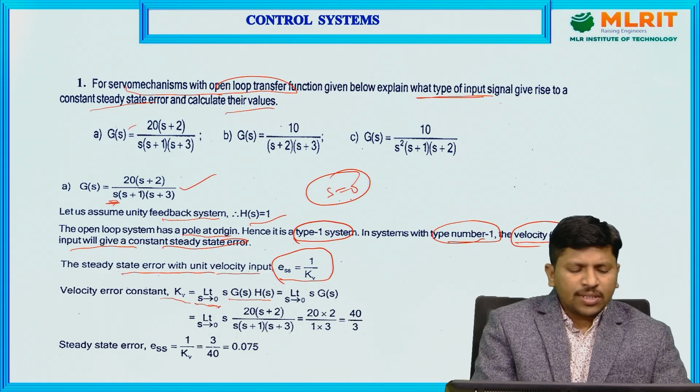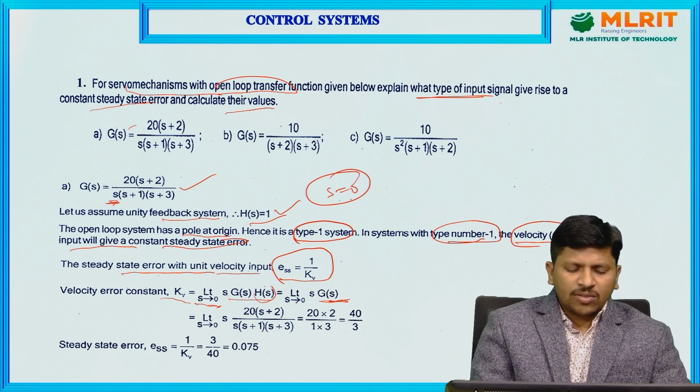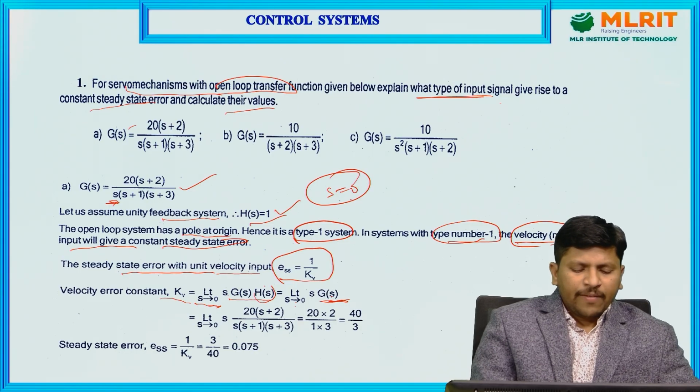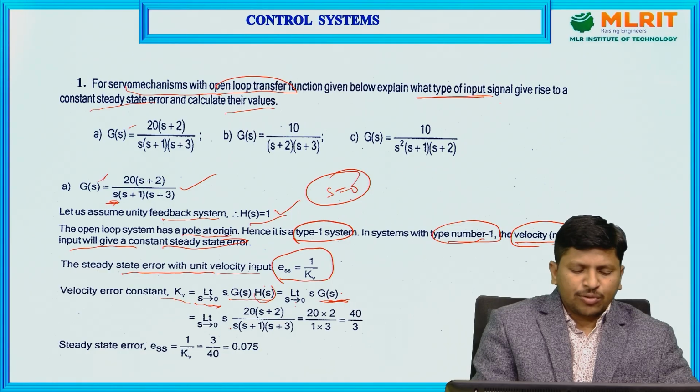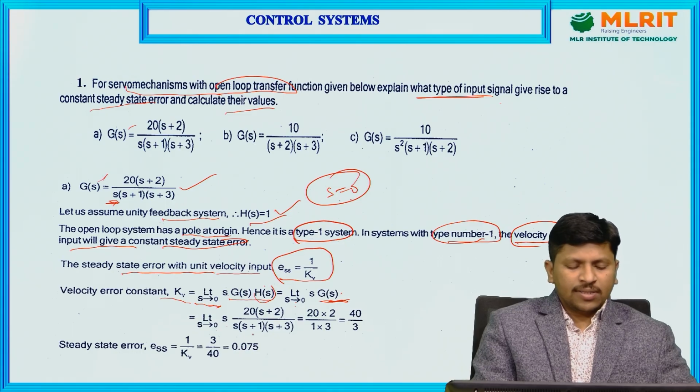Substitute s equals 0 here, and H(s) equals 1 for unity feedback. So Kv equals limit s tends to 0 of s into G(s), where G(s) is 20 into (s plus 2) divided by s into (s plus 1)(s plus 3).